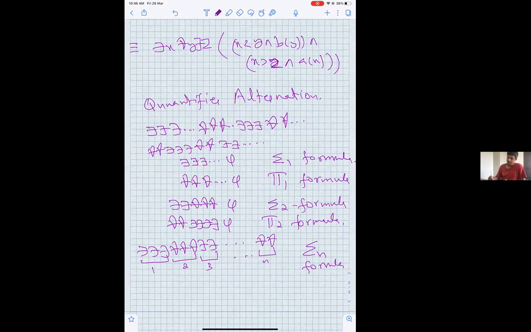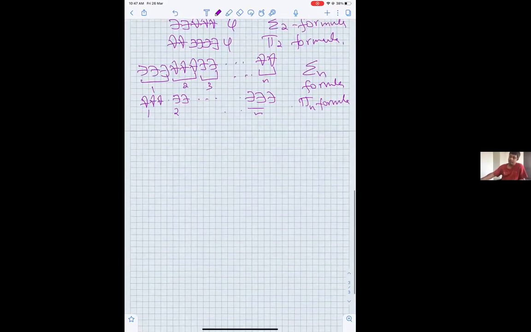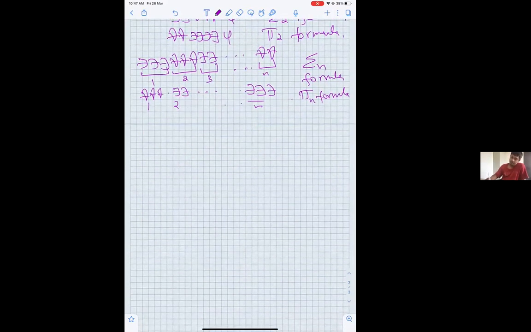Similarly, if I start with for all and then some there exist, and I have 1, 2 up to n blocks, I'll say it's a pi n formula. All right, so I can draw a figure like this: sigma 1, pi 1.